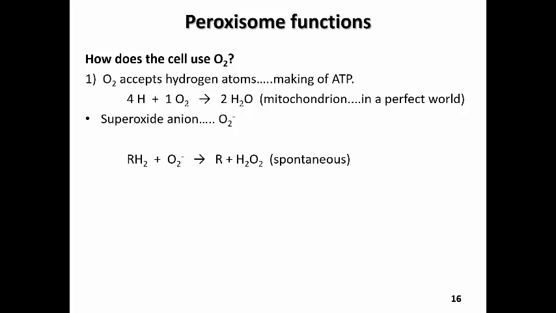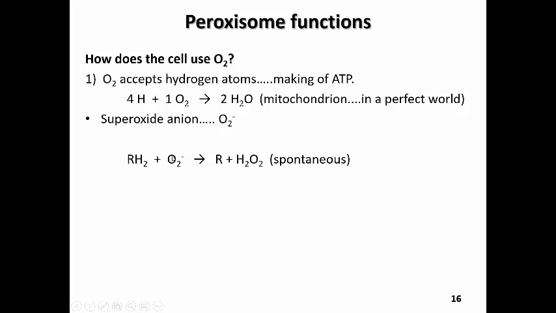And so the way it does that is that it will take the O2 negative and bioreact it with a hydrogen molecule, two hydrogen atoms bound to some other compound, and there's a wide range of other compounds that could be bound to these two hydrogen atoms that are bound together, entering a reaction which is spontaneous inside the peroxisome, which means that you don't need an enzyme to do this.